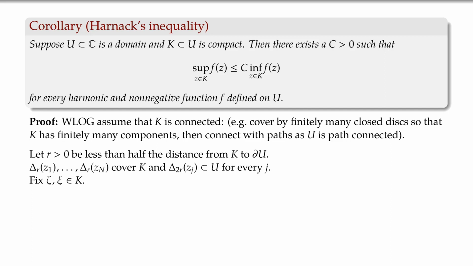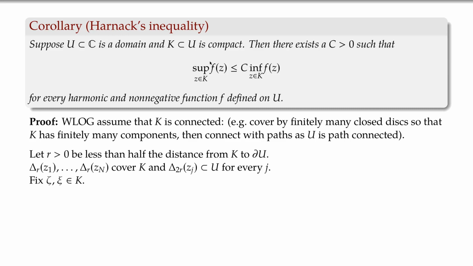Now fix two points in k, point zeta and point xi, and we're basically trying to figure out some inequality in terms of zeta and xi in such a way that it does not depend on zeta and xi.